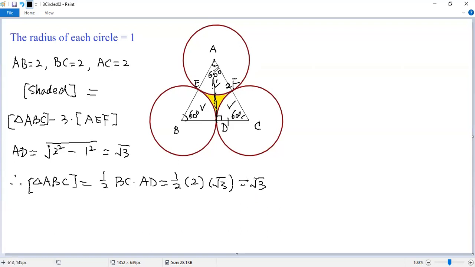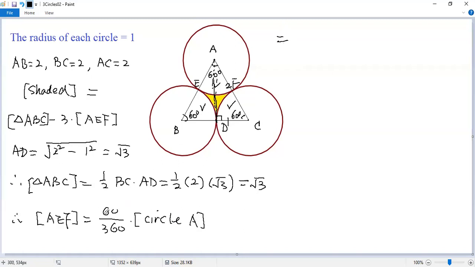Now let's figure out the area of the sector A here. We know the angle is 60 degrees, but the measure of a full circle is 360. So the area of AEF is equal to 60 over 360 times the area of the circle A, right?